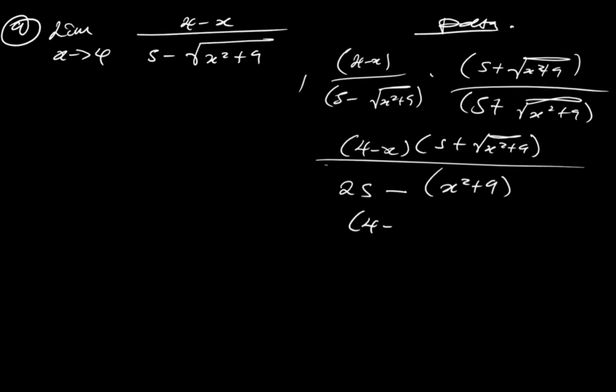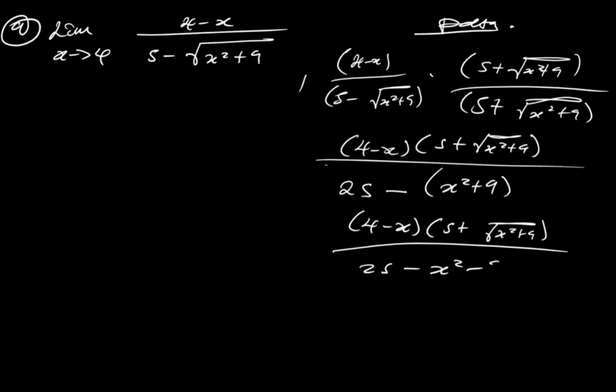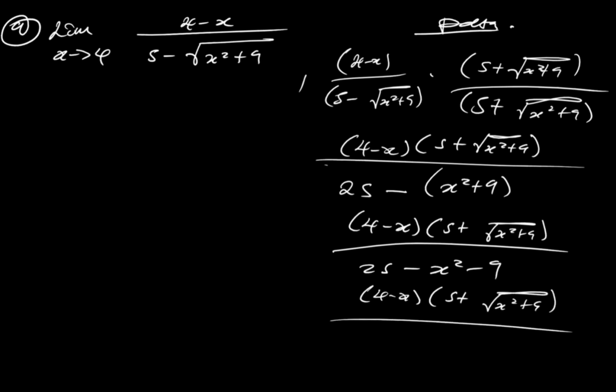So this will be 4 minus x, 5 plus root of x squared plus 9 over 25 minus x squared minus 9. Now if you do up the fixing up, you end up having 25 minus 9. So you will have 4 minus x, 5 plus root of x squared plus 9. 25 minus 9, that's 16 minus x squared.